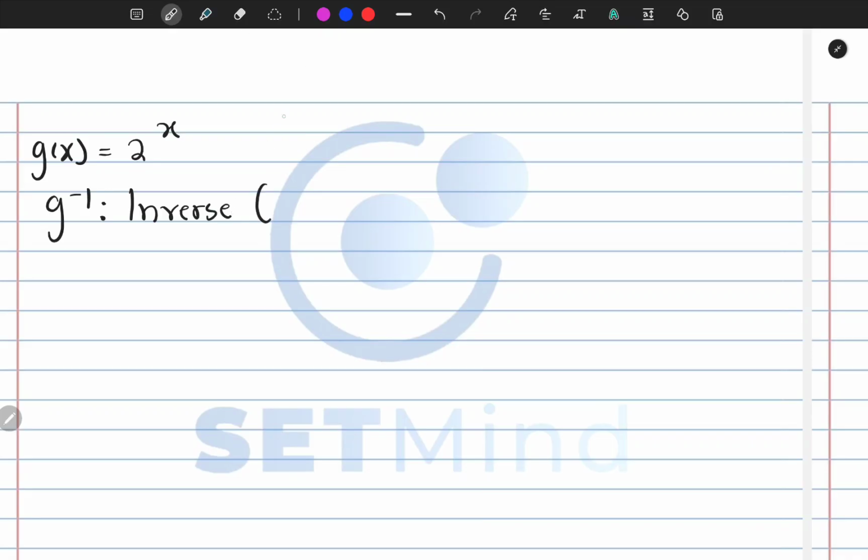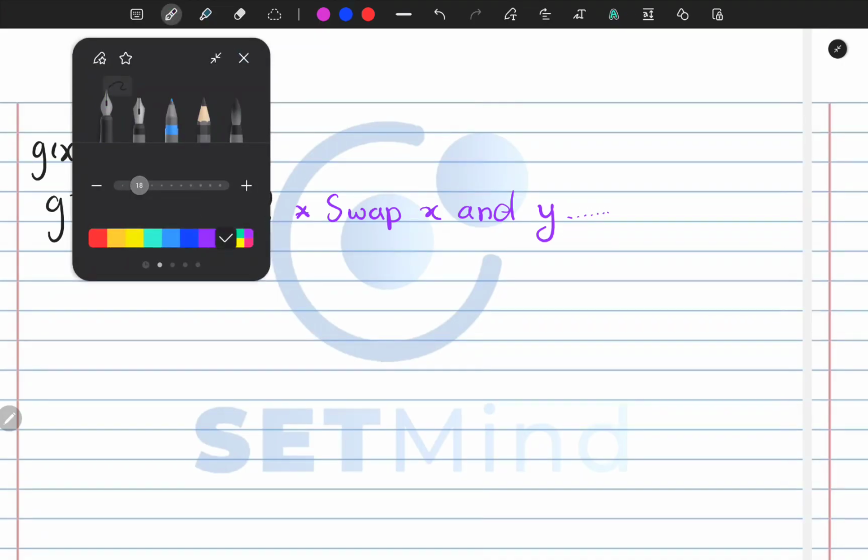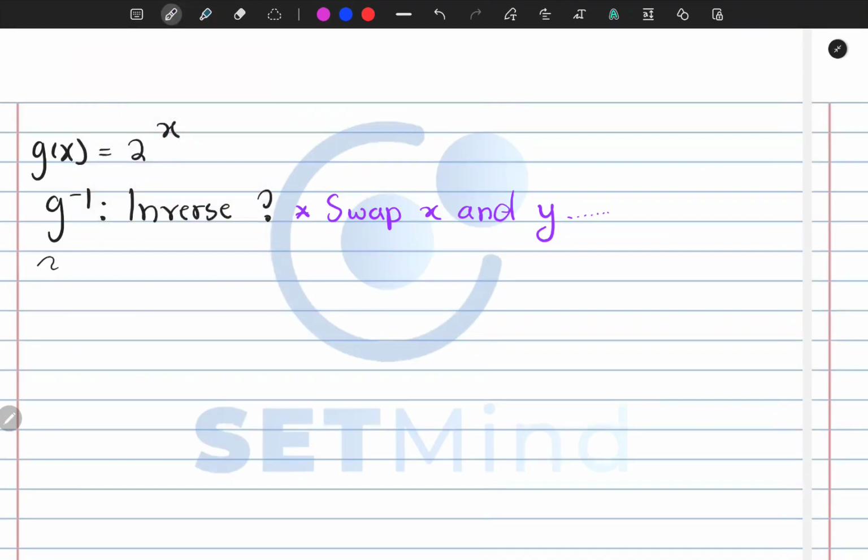And how do we find the inverse? How you find the inverse is easy. You swap x and y. Okay, so what does this mean? It means that originally what we have is simply y equals 2 to the x.